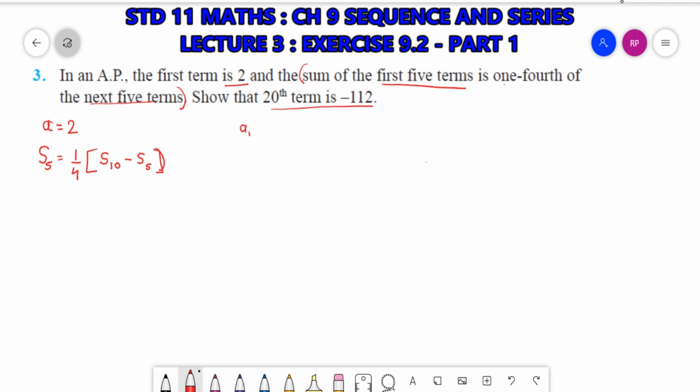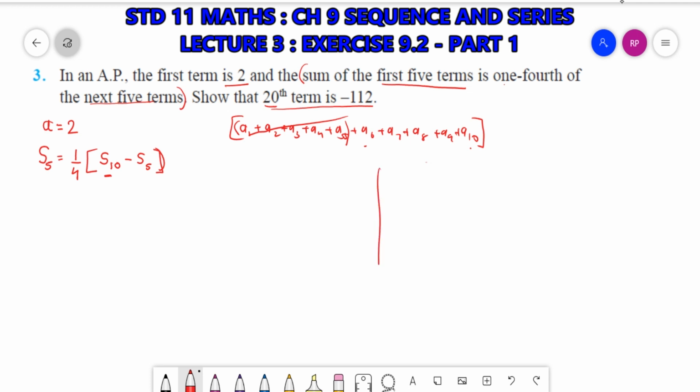If I take A1 plus A2 plus A3 plus A4, A5, A6, A7, A8, A9 and A10, this is the sum of first 10 terms, that is S10. Now I am subtracting the sum of first 5, means I have subtracted this much. So now what is remaining? The sum from 6th through 10th, that is the sum of the next 5 terms. Clear?